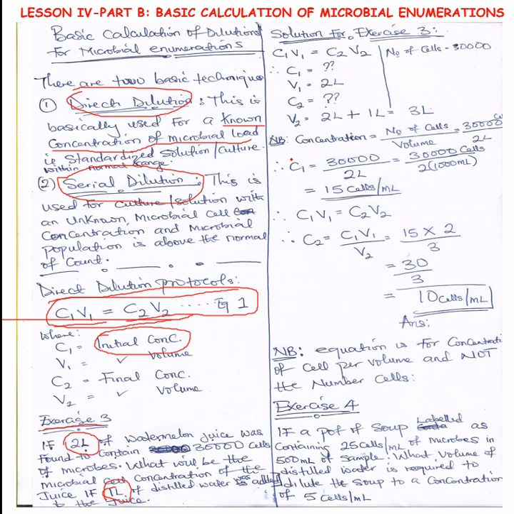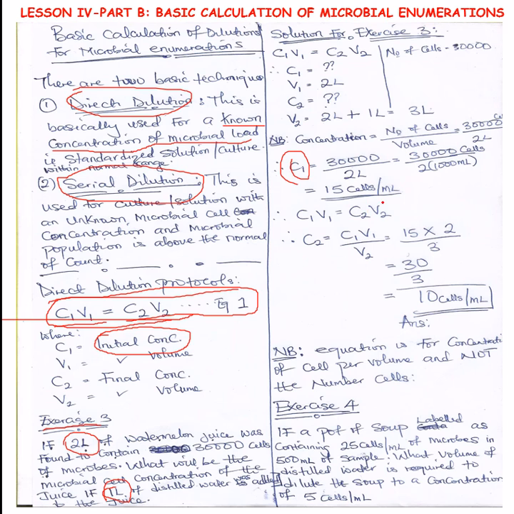You take the total number of microbial cells, 30,000 cells, divided by 2 liters. Concentration in microbiology is measured in milliliters, so you convert 2 liters to 2,000 ml, since 1 liter is equal to 1,000 ml. Then 30,000 cells divided by 2,000 ml gives 15 cells.